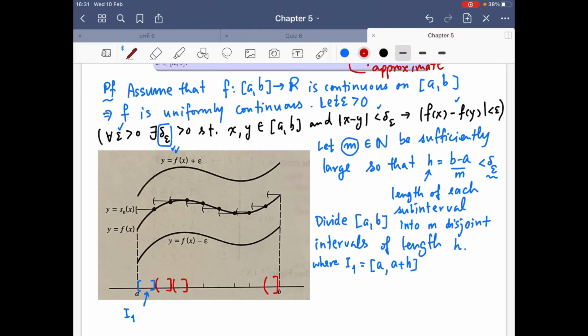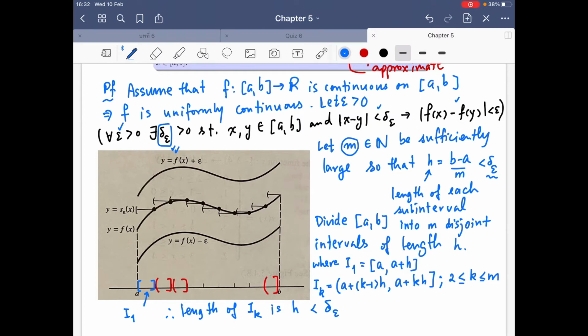So I1 we need to define separately. However, for the rest, Ik, we can define it as the interval from a plus (k minus 1)h to a plus kh, with k starting from 2 to m. So the length of each Ik is h, which is less than delta epsilon.